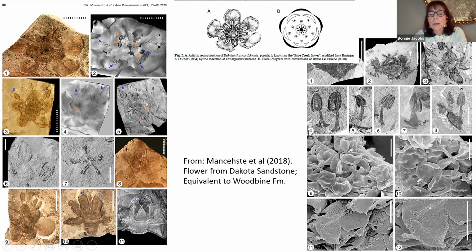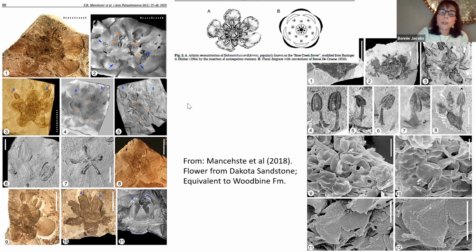So pictures 4, 5, 6, 7, those are all individual anthers that have pollen grains in them. And pictures 9, 10, 11, and 12, those are actually showing you the pollen grains themselves. So it's just amazing that you can get flowers preserved where they grew, and then you can go into the anthers and get the pollen out.